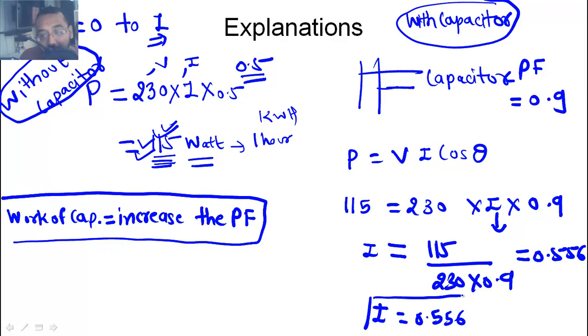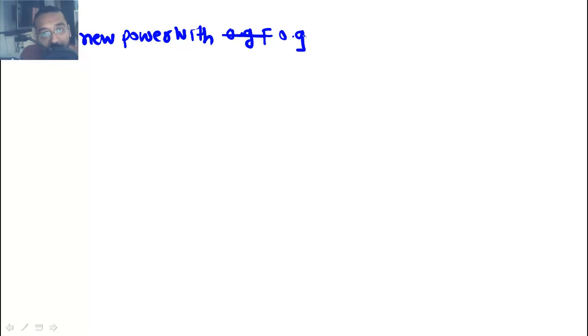Now the current consumption of your house has been reduced, but the power would stay the same as well. If you calculate the new power with the 0.9 value of power factor, here again P is equal to V I cos theta.